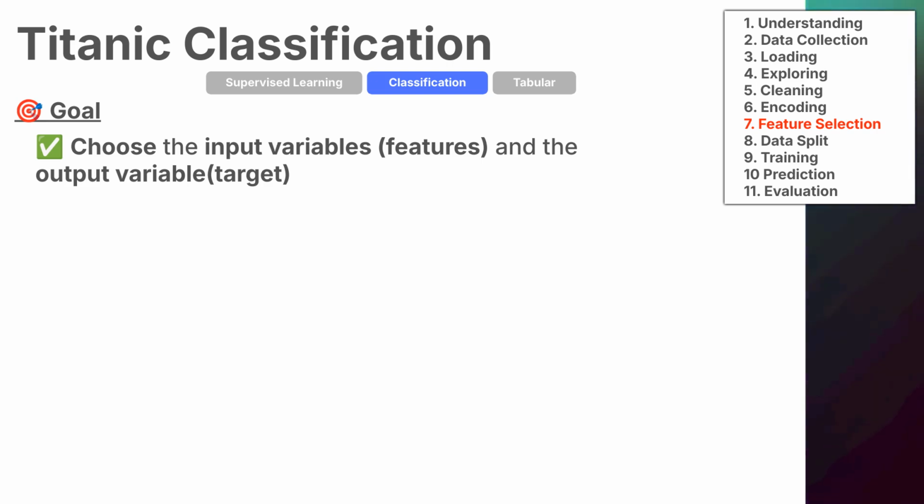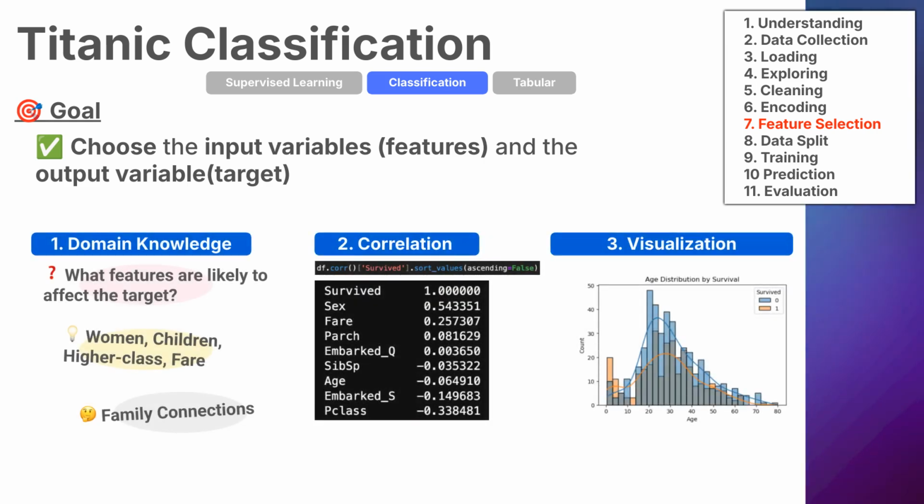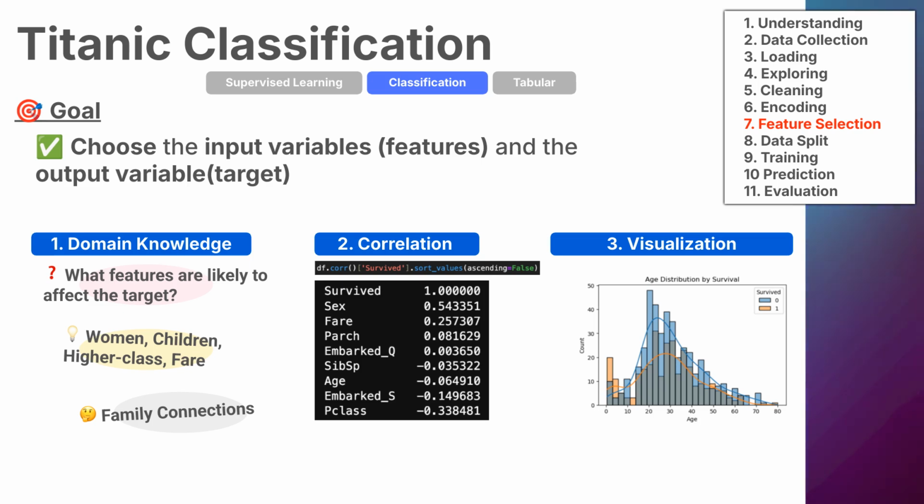To select the most relevant features for predicting survival, we used a combination of domain knowledge, correlation analysis, and visualization. Based on what we know about the Titanic disaster, we can assume that certain features are likely important, such as women and children were more likely to be rescued.